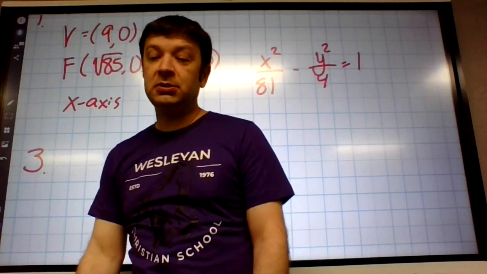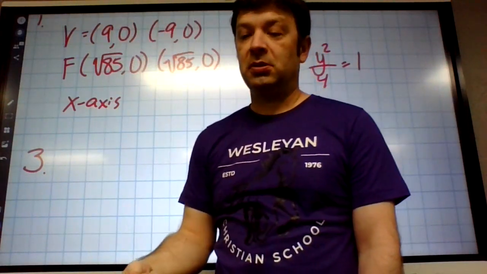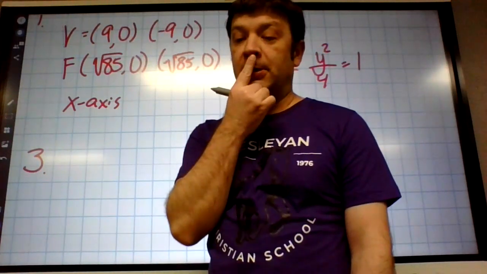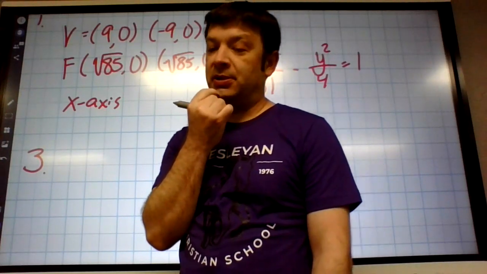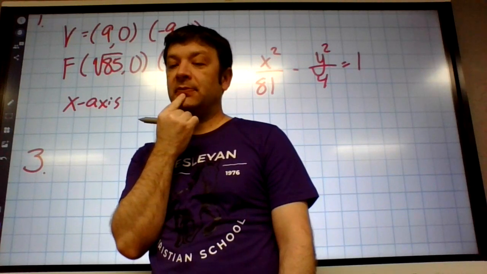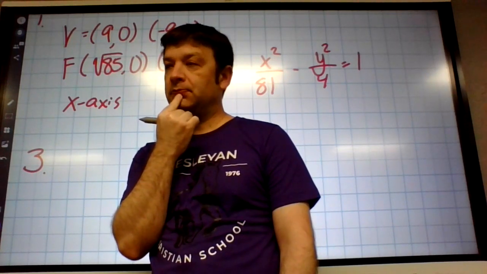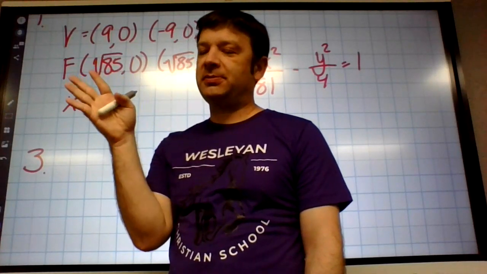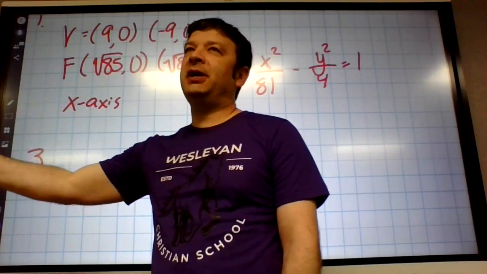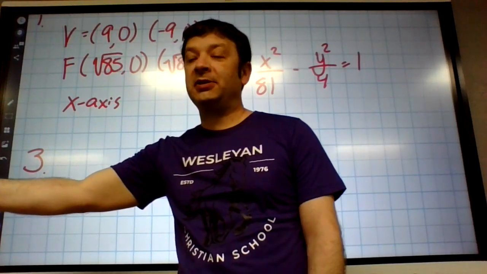Number 3. All right, so on number 3, the major axis is the y-axis. Oh, yeah, sorry. Oh, it's not. Sorry, I said that wrong. Yesterday it was which one is bigger is the major axis.